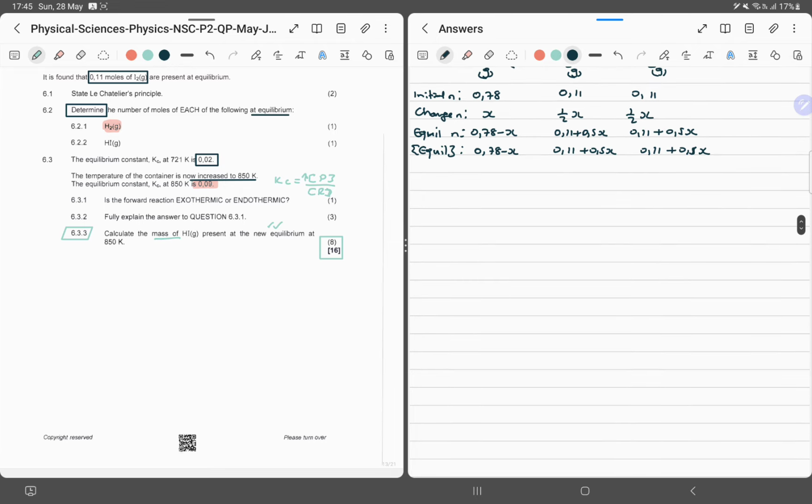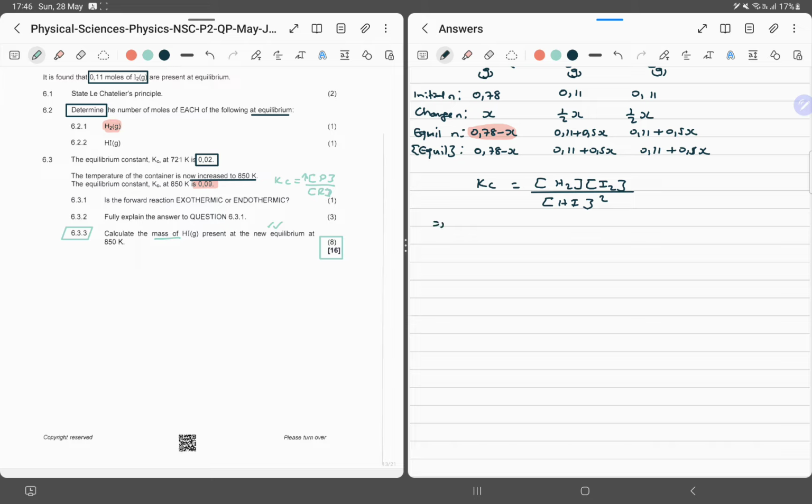So we will do this stuff right here. We want to work out, this is the guy of interest, because if we know what that value is, it will help us to find the mass. So we start. Kc is given by the concentration of hydrogen gas multiplied by the concentration of the iodide gas divided by the concentration of the hydrogen iodide gas, but that one is squared.